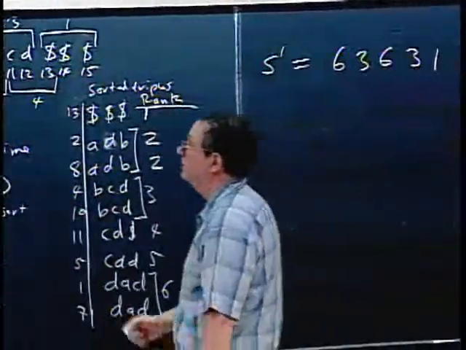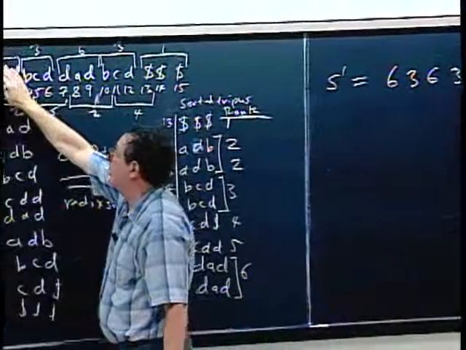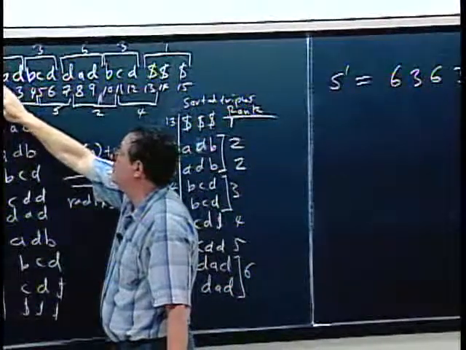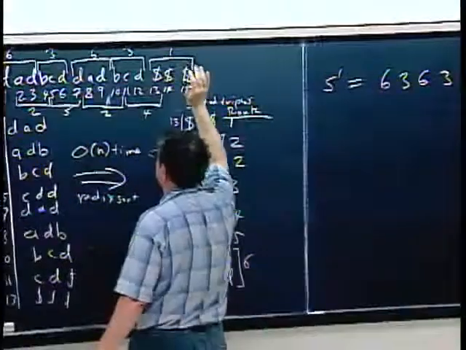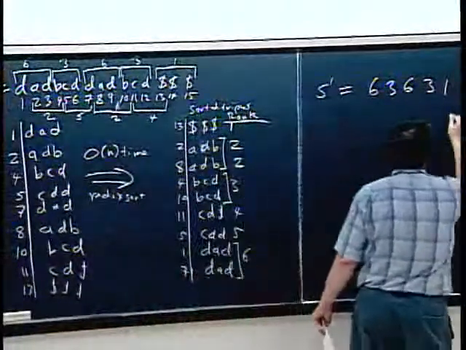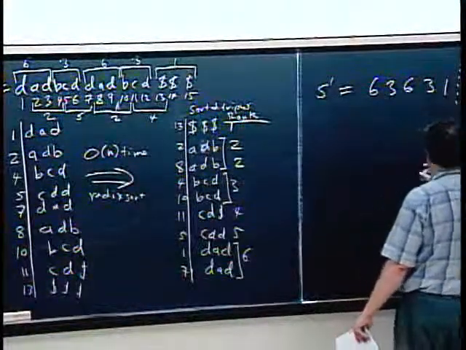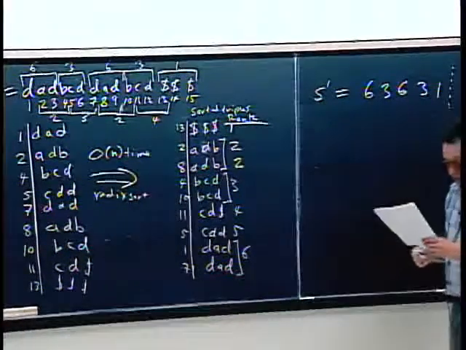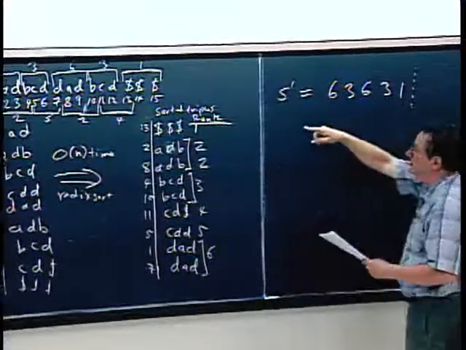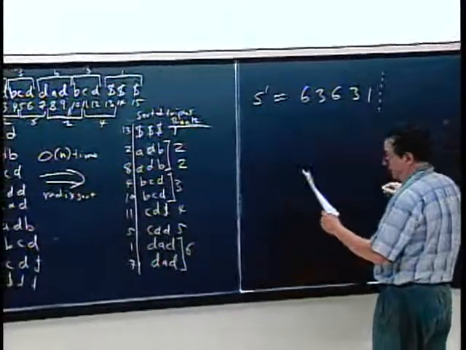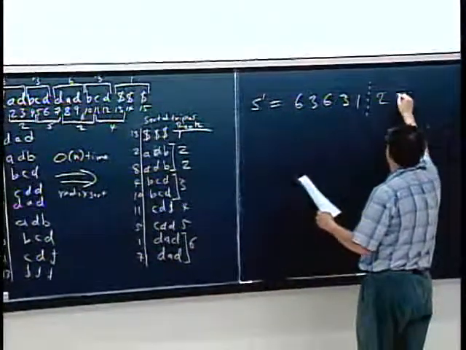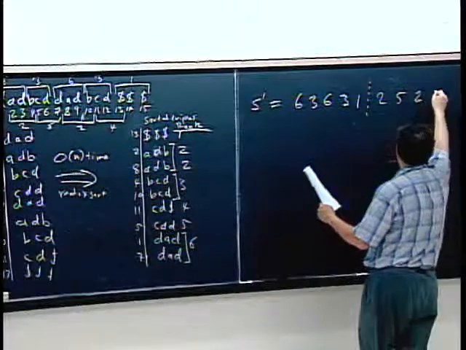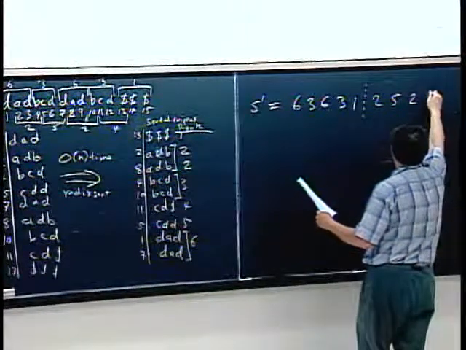So those are all the ranks of the triples that begin at position 1 mod 3. And then followed by, I'll just put a little sign here to designate the middle, the ones that begin at position 2 mod 3. So that's 2, 5, 2, 4. All right?